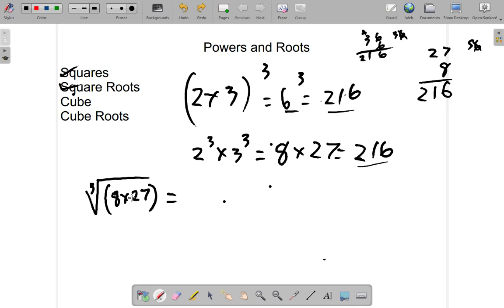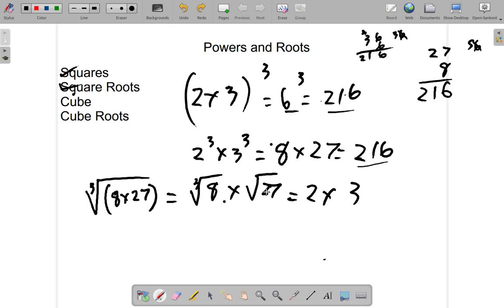But let's try it. Instead of using this big number 216, suppose we separate them and say it is the cube root of 8 times the cube root of 27. What we have is the cube root of 8 is what? You remember what it was? It was 2. 2 times the cube root of 27. Remember the cube root of 8 is 3 numbers multiplied together to give 8, so it's 2 by 2 by 2. 2 2 4, 4 2 is 8, so it's 2.